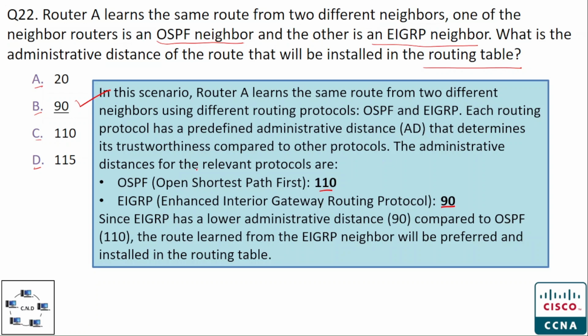The administrative distance for OSPF, that is Open Shortest Path First, is 110, and for EIGRP, Enhanced Interior Gateway Routing Protocol, it is 90. Since EIGRP has a lower administrative distance of 90 compared to OSPF's 110, the route learned from the EIGRP neighbor will be preferred and installed in the routing table.